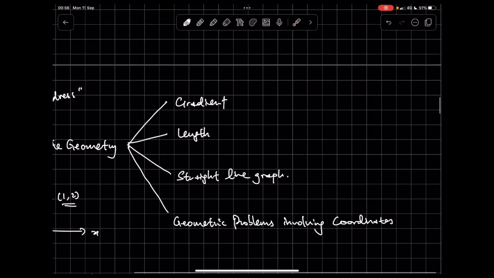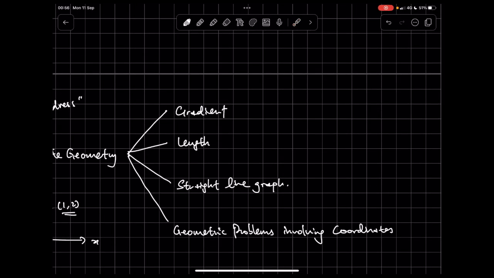Okay, so the first one is gradient. Gradient is the direction or the slope of a line segment. Notice that I keep saying line segment instead of just line. In math, usually when we say line, it goes on forever, things like your line graph, your y equals mx plus c.